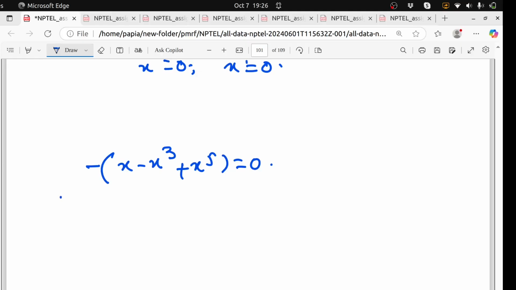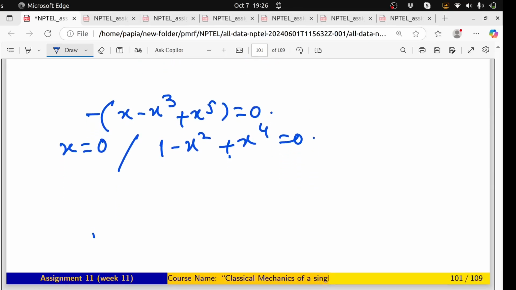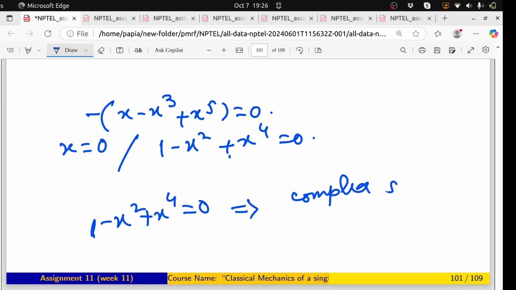If it is the case, then x will be 0 or 1 minus x square plus x to the power 4 should be 0. But if you just solve 1 minus x square plus x to the power 4 equals 0, that will give me complex solutions.